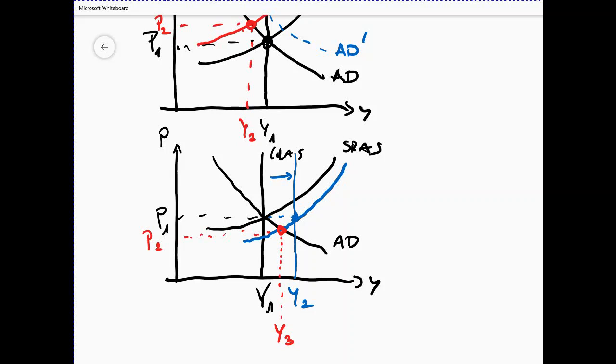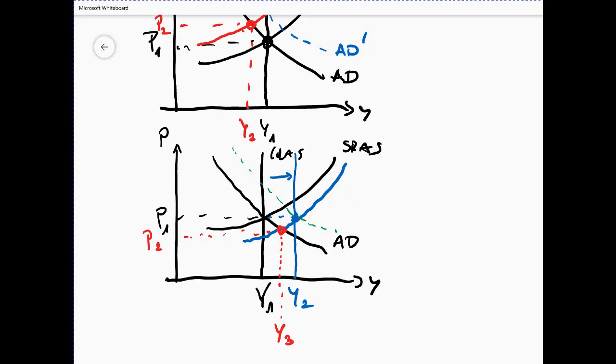So one option could be to have an expansion in the AD, and then, as we already discussed earlier, you could bring the economy back to the new higher equilibrium and at a higher price level perhaps than before, or even at the same price level like in this case in the graph. But of course it is also possible that you don't do anything.